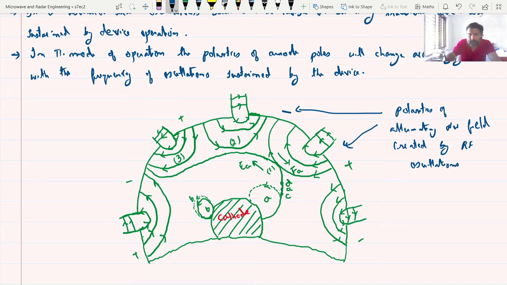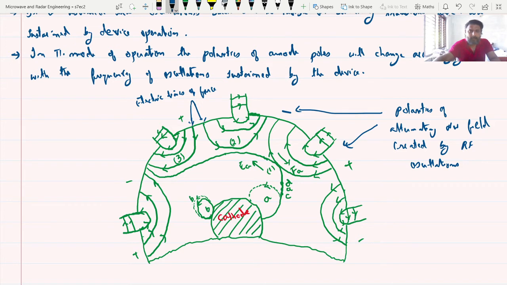And these are electric lines of force. This indicates electric lines of force.